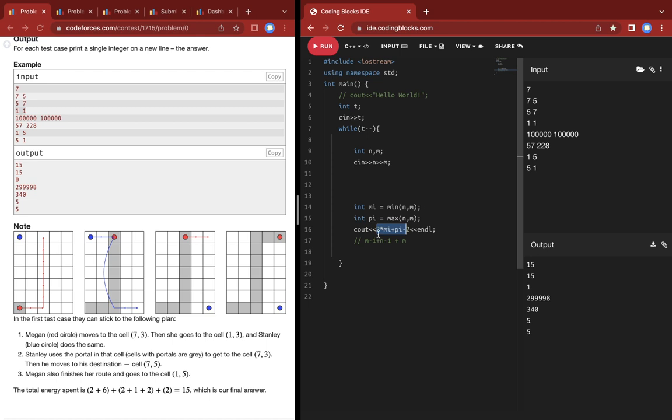So 1 into 1 is 2, 1 into 2 is 2, plus 1, 3 minus 2, 1. What are we missing here? Okay, so pi is what is causing the issue, I guess.